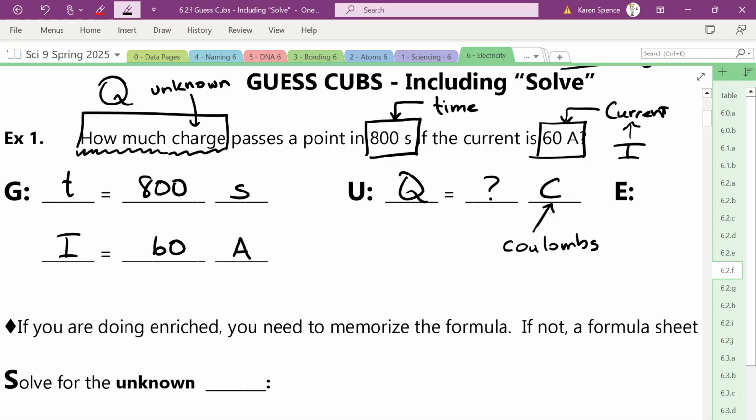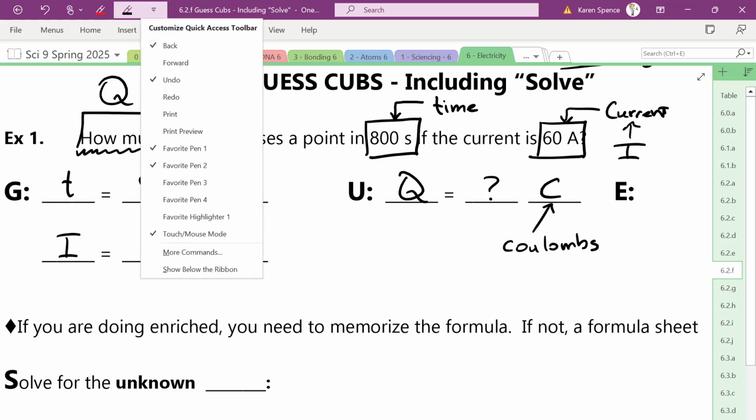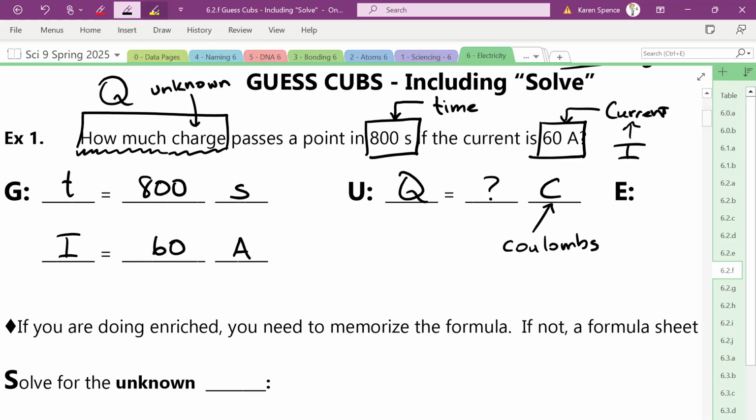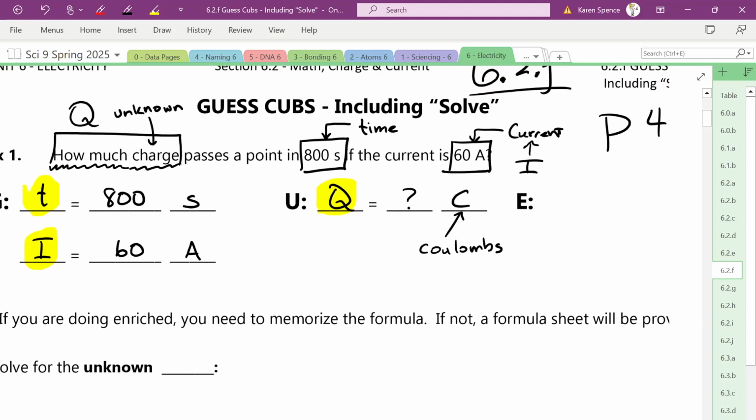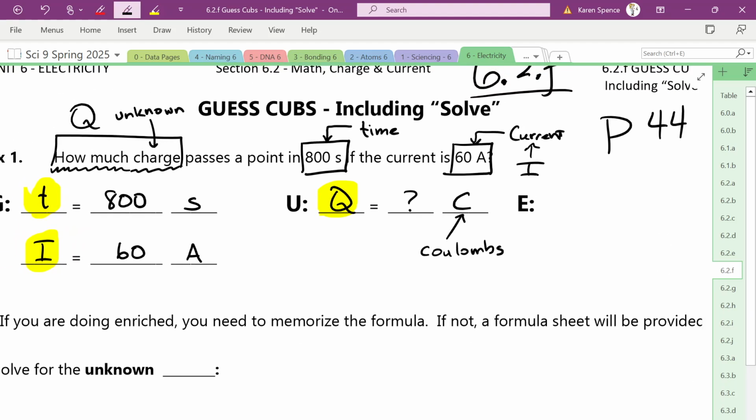Okay, and now we get to pick an equation from our purple sheet that includes Q and I and T. It is the I quit formula. And if you can't remember it, just go to your purple sheet and look at your formulas.